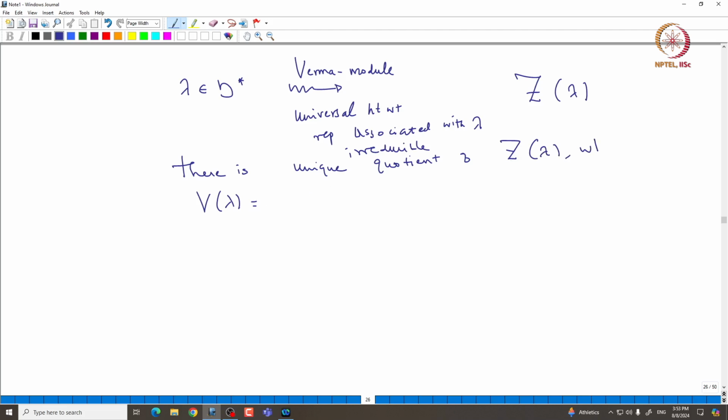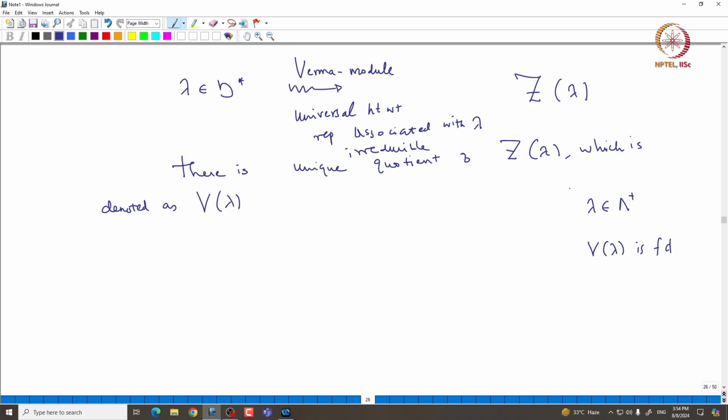Of course, there should not be any confusion between this lambda being dominant and so on. If lambda is dominant, then we will prove that this V lambda is indeed finite dimensional. Since it is finite dimensional, it will be naturally isomorphic to the irreducible module that we constructed before.